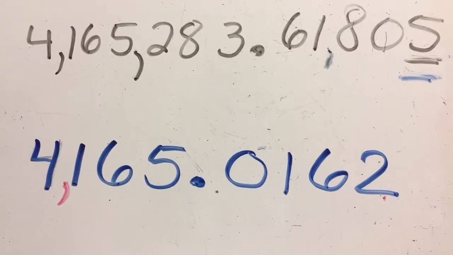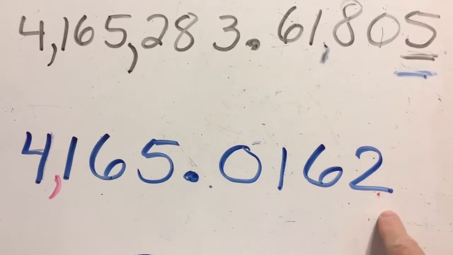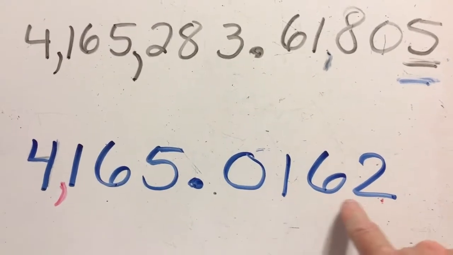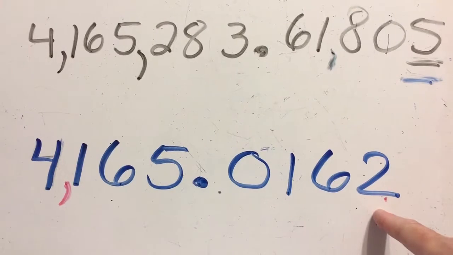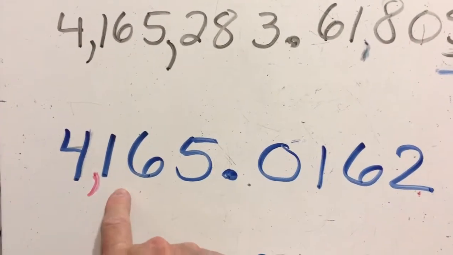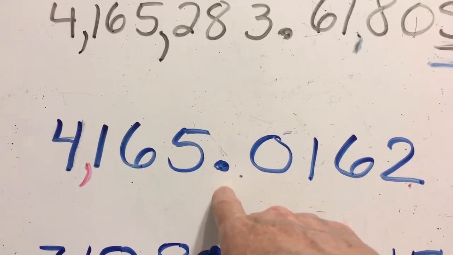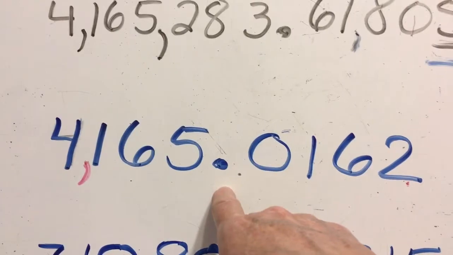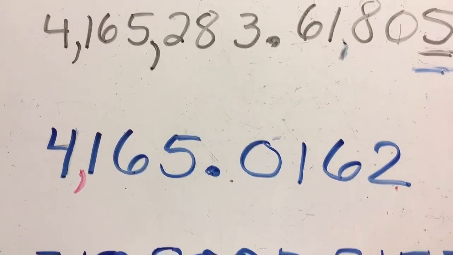If it becomes confusing, I would leave it out altogether and just read the number over here, 162, and then know that that is the 10,000ths place. So this whole number would be 4,165, and we call the decimal point the "and," 162 10,000ths.